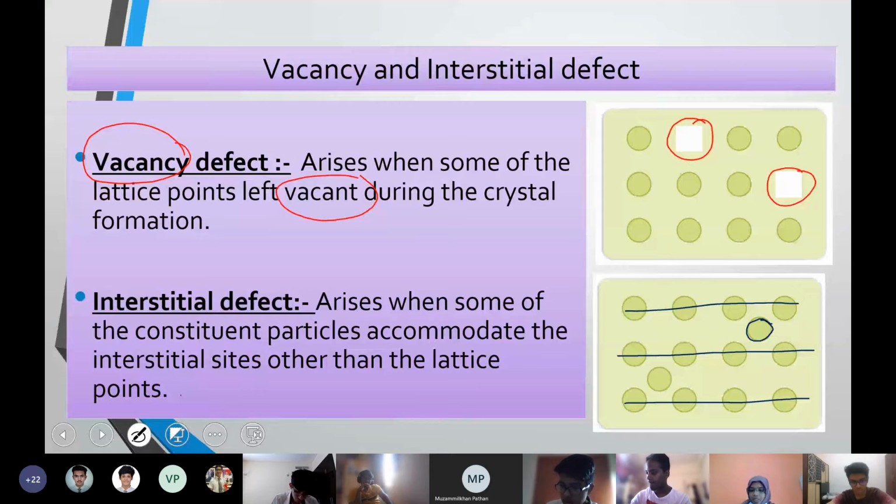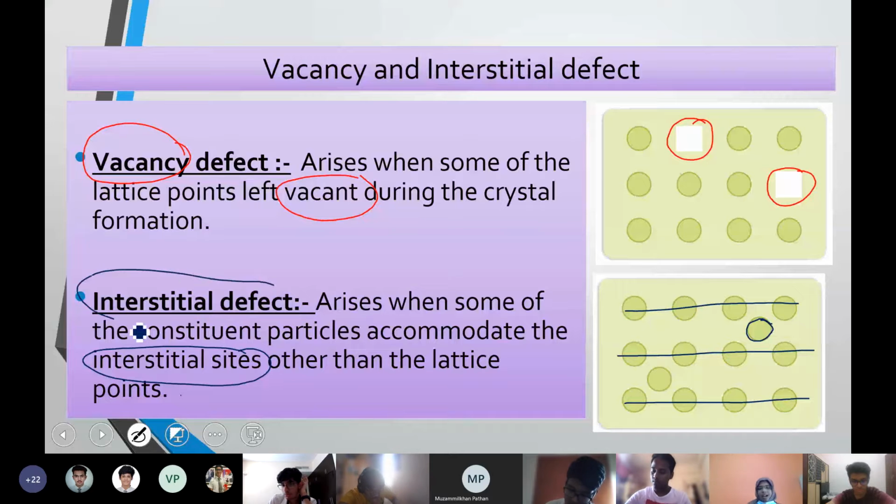But other than that, between each row or column, there are some spaces which are called interstitial sites. So there are some particles, other than the normal arrangement, that take positions in the interstitial sites. Such a defect, where some of the particles, atoms, ions or electrons are taking the position in the interstitial sites, is called interstitial defect.